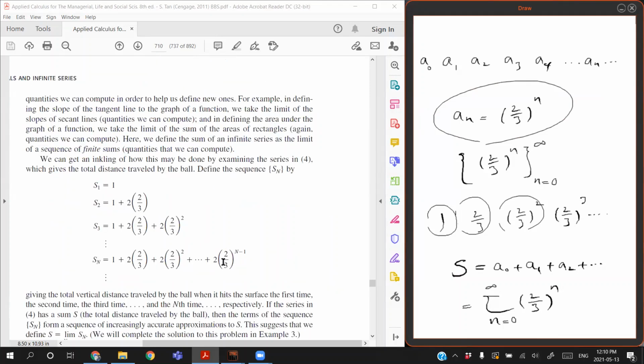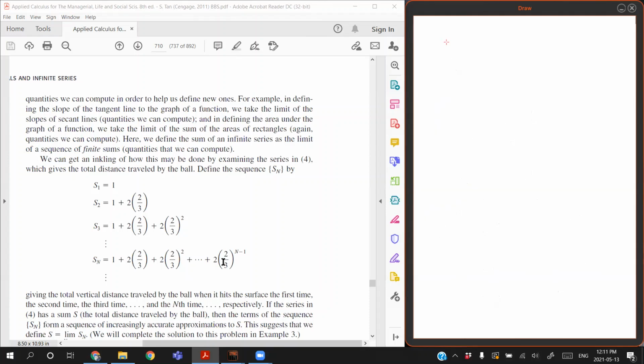Now, in order to study a series, we're going to introduce something called the sequence of partial sums. We need this concept in order to be able to study series.